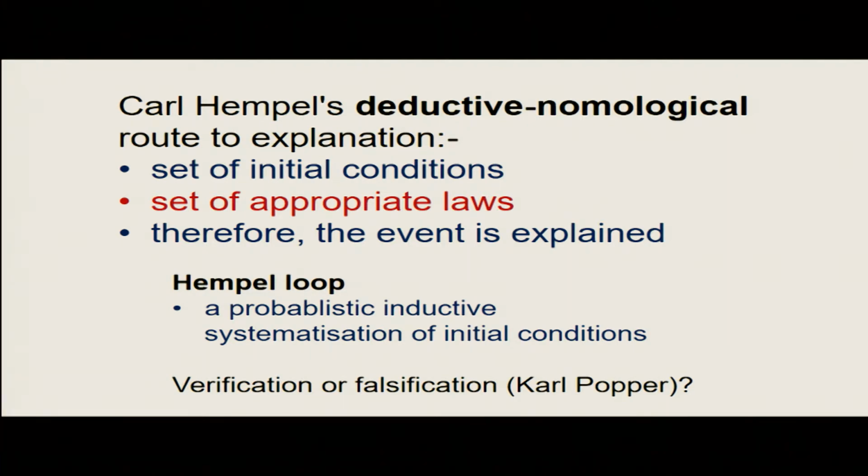And if we're lucky, if the laws fit, if there is pattern, if the pattern leads to causality, explanation is achieved, the event or the phenomenon or the relationship is explained. So we call that a Hempel loop, and it is a probabilistic inductive systematization, which is really rather a mouthful, isn't it? But it has deductive leanings to it.